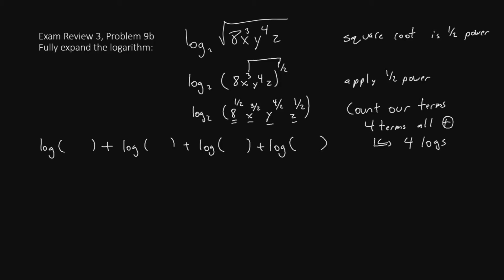In the first position, we'll place 8 to the 1/2. Let's also note that these are all log base 2. We also have x to the 3 halves, y to the 4 halves, which is just 2, and then z to the 1 half. Once again, now that we've counted all our terms, split them into logs, we can move our exponents down.